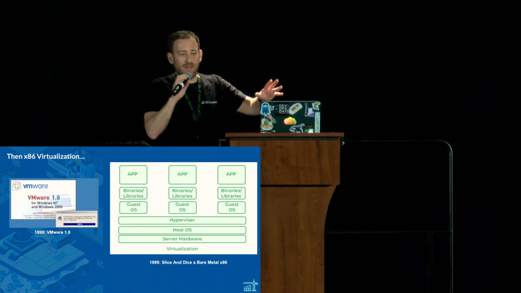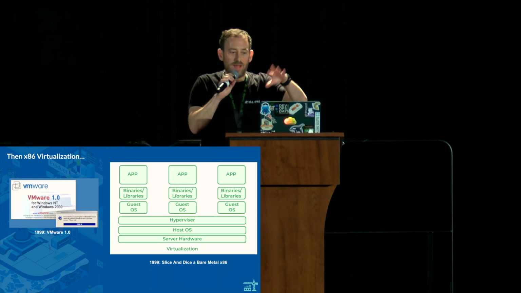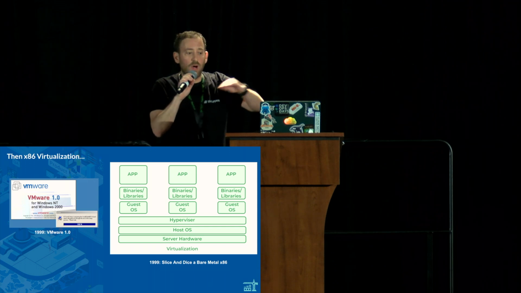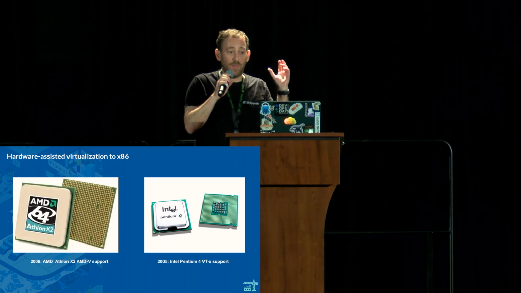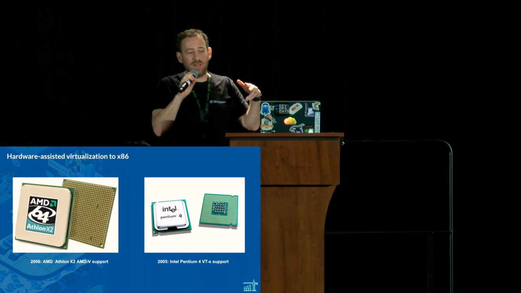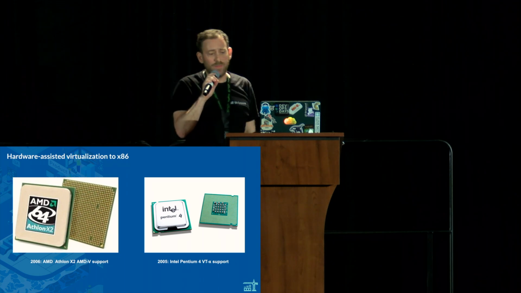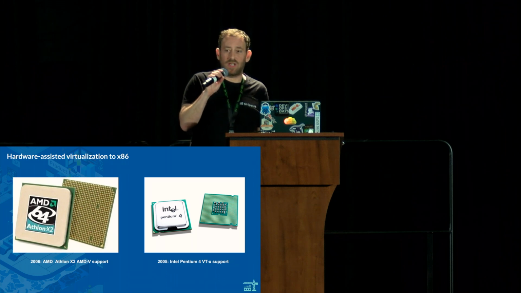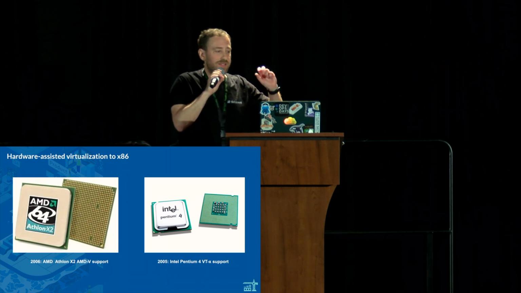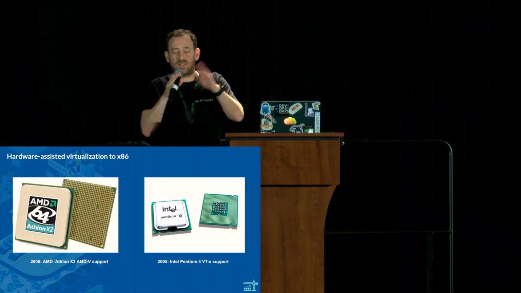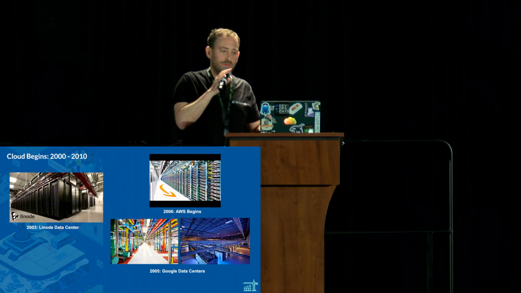I think we all know what that is, but real quick: app, binaries, guest OS, hypervisor, host OS, server hardware. So they're sharing a bunch of stuff. In 2006, AMD and Intel independently, right around that time, add hardware virtualization support, so all that virtualization is really good at cutting, slicing, and dicing the CPU.